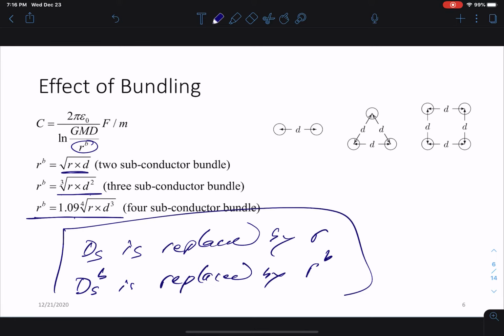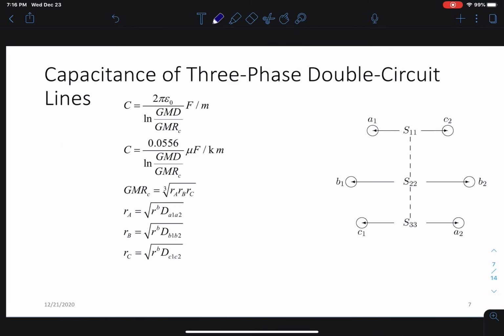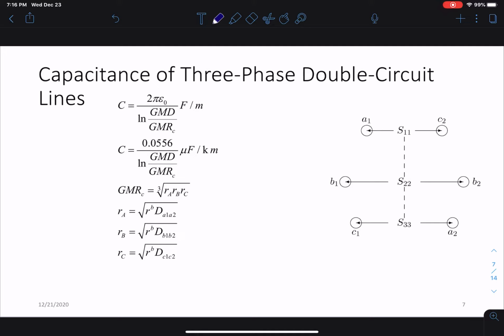This is the difference between inductance and capacitance. Same thing here: your ra, rb, rc, which before were Ds and so on, are replaced by your r.